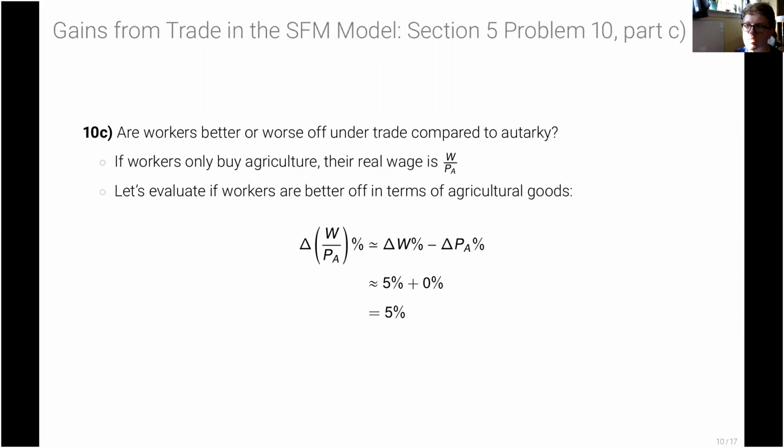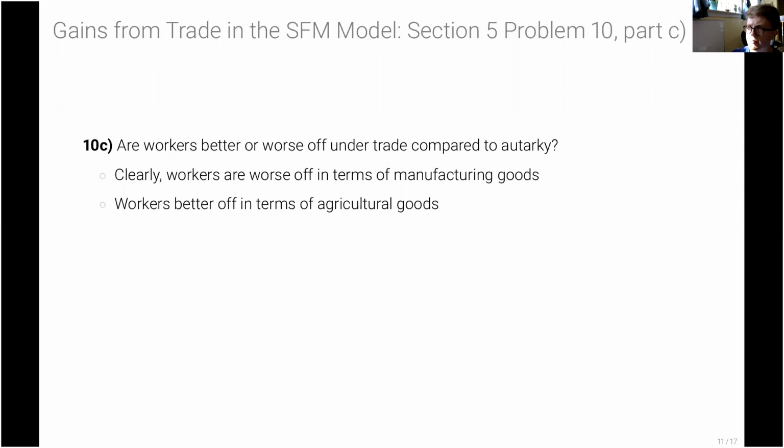Recall that we said that the price of agricultural goods stays constant, and so that's just going to be 0. And so the only thing that's going to affect the amount that workers can buy of agricultural goods is their wage, and so that's 5%. So now they can consume 5% more of agricultural goods. So if workers are only buying agricultural goods, they're better off.